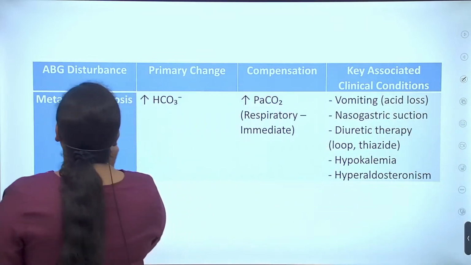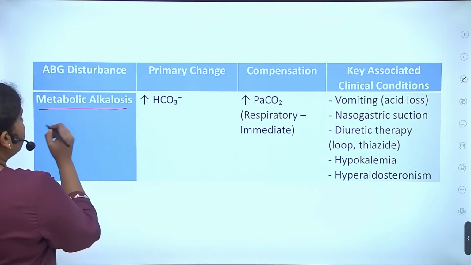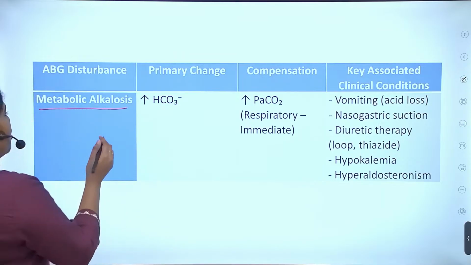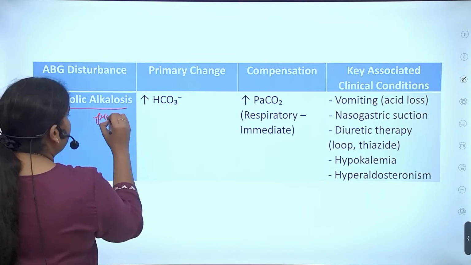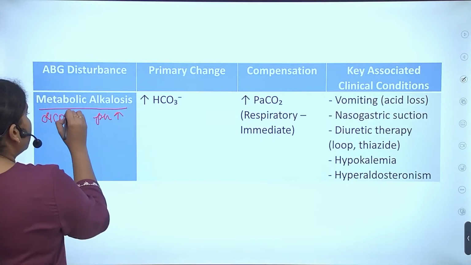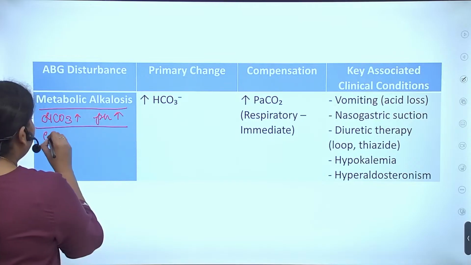Next, we are going to talk about metabolic alkalosis. In metabolic alkalosis, as you all know, respiratory opposite, metabolic same. So, when the pH is increasing, the HCO3 is also going to increase, right? That is the finding. So, what is the compensatory mechanism?